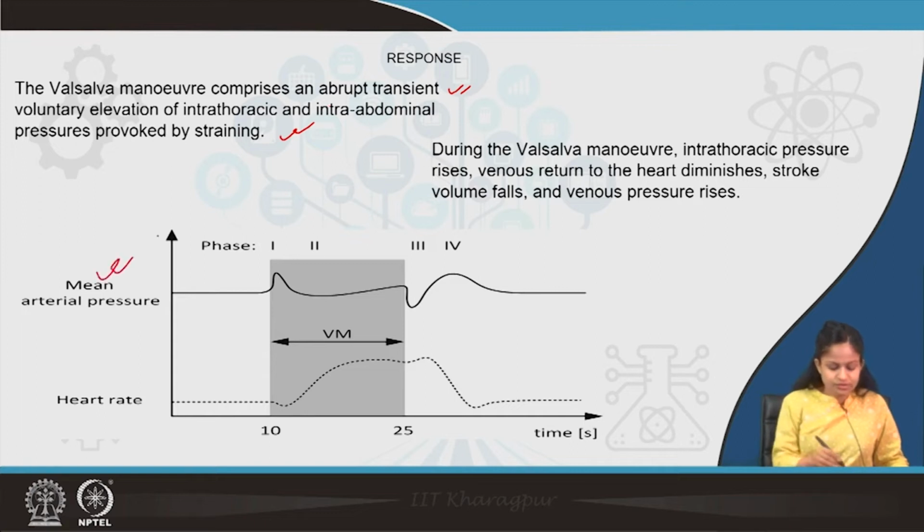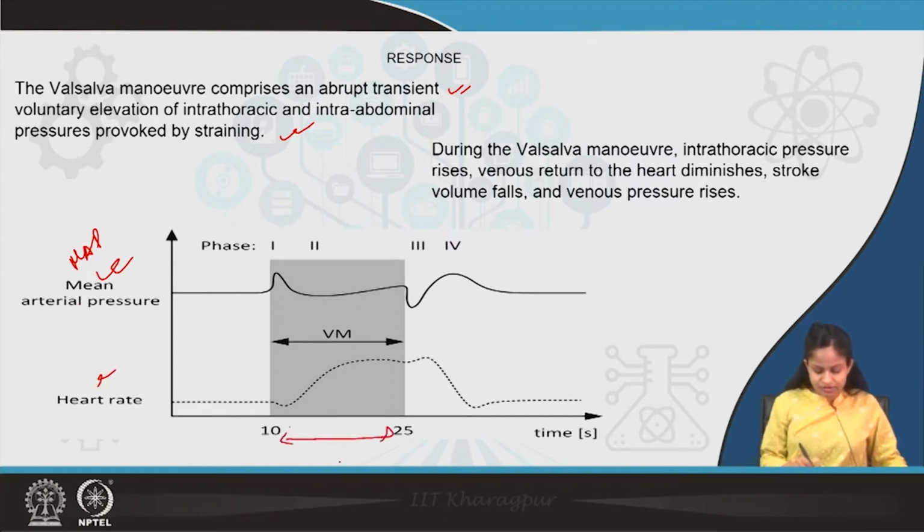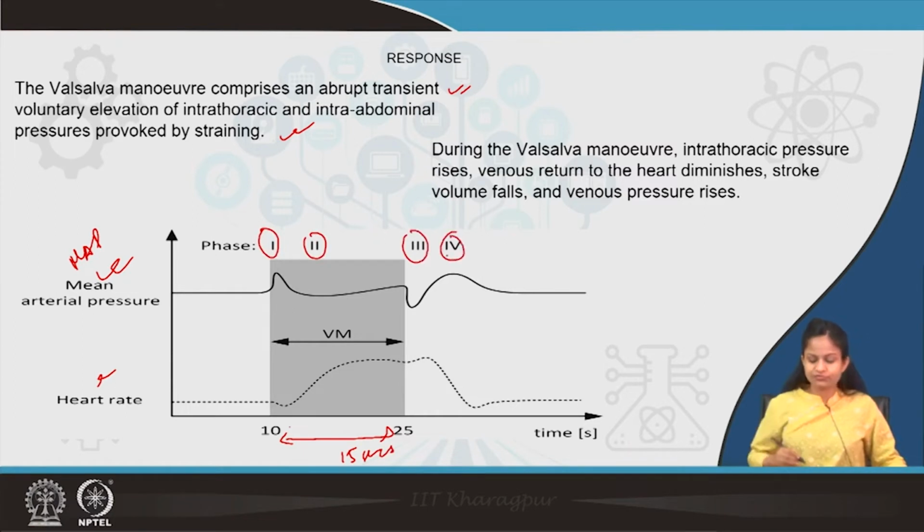Now, this is the mean arterial pressure which is recorded, and these are the heart rate changes we are getting. The mean arterial pressure you can see, this is the 15 seconds of the strain which we are keeping. So, this is phase 1, this is phase 2, this is phase 3, this is phase 4. In phase 1 we can see there is a transient increase in the blood pressure.